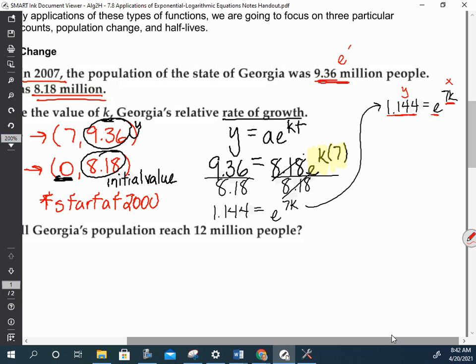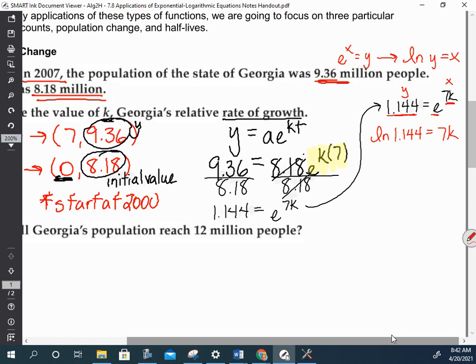So remember, e to the x equals y converts to natural log y equals x. So if we do our rewrite, natural log of 1.144 equals 7k. You don't have to put the e because it's understood.